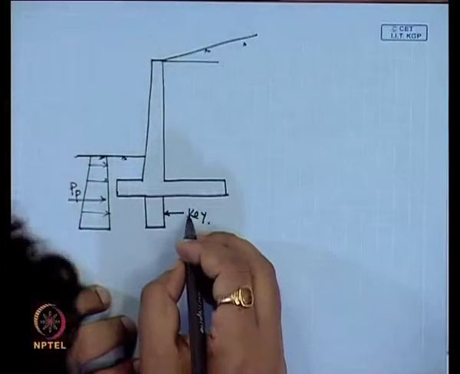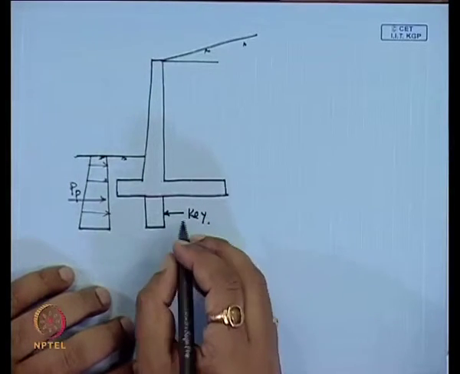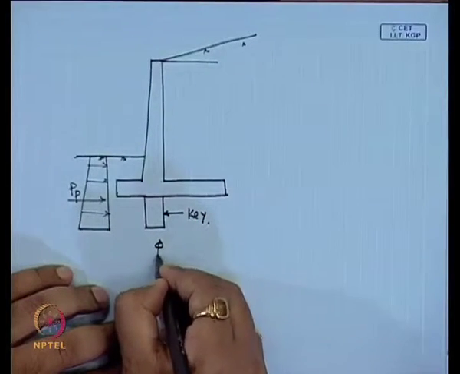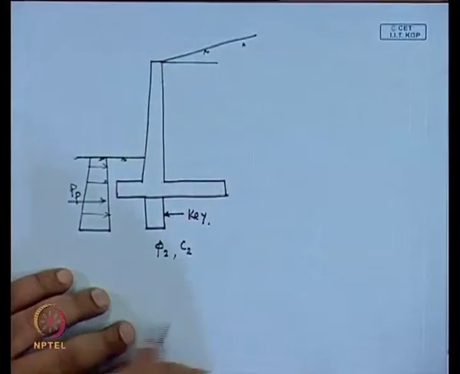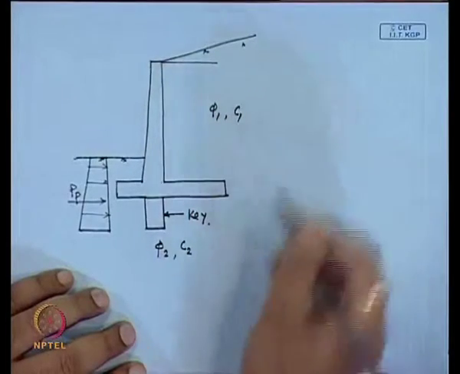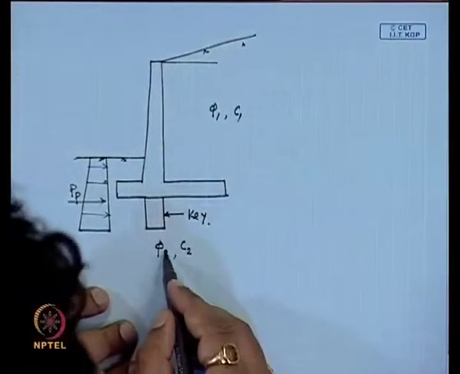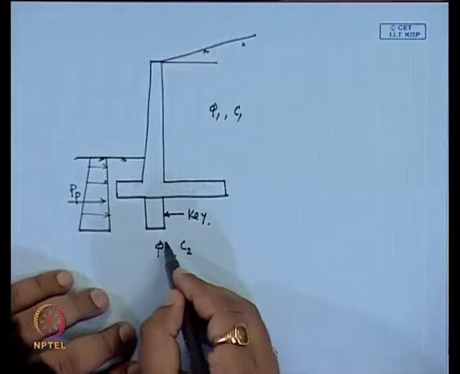Now, when we provide a key, say phi 2 and C 2 are the foundation soil properties, and phi 1 and C 1 are the backfill soil friction and cohesion.